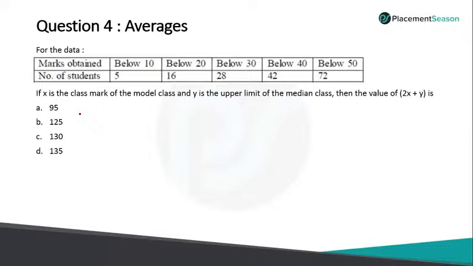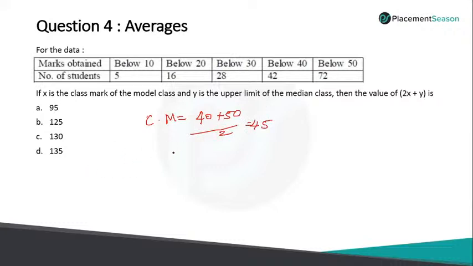Very simple. If X is the class mark, what is the class mark? I'll write class mark as CM. Class mark of the modal class will be 40 plus 50 by 2, which is nothing but 45.